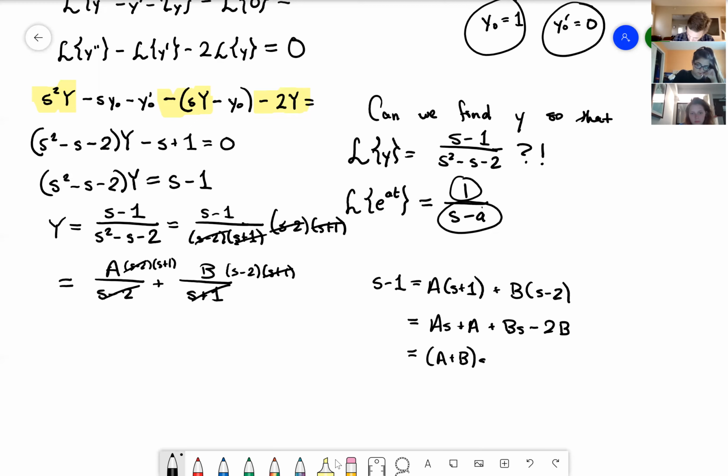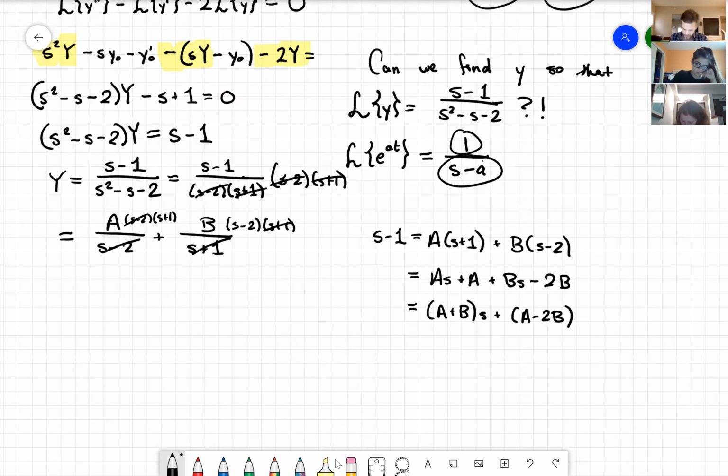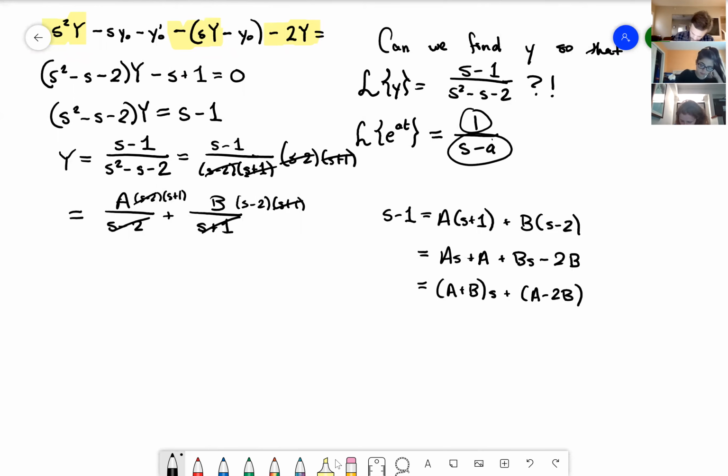So that's (a plus b) times s, and then plus (a minus 2b). Okay, and now we've got a system of linear equations where we have a plus b is equal to 1. That looks familiar. And then a minus 2b is equal to negative 1.